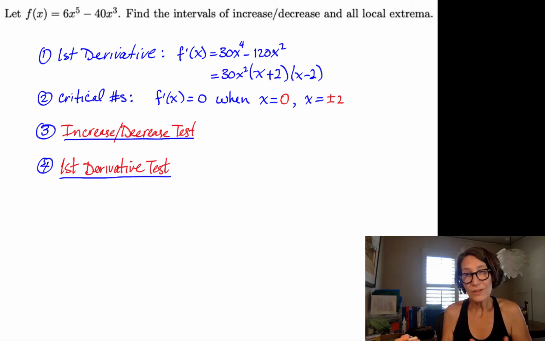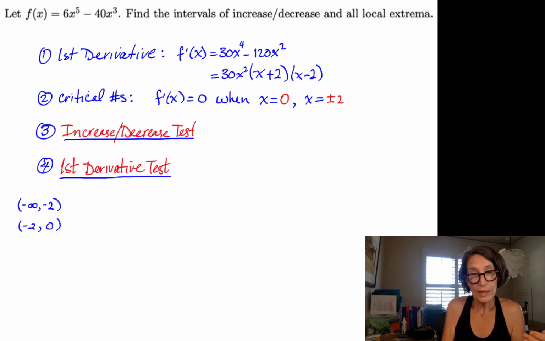Our first derivative has 3 factors, so it's a little bit complicated. So instead of a sign diagram, instead of just a little number line, we're going to use a sign table. It's a slightly more complicated derivative, so we make a table instead of a number line.